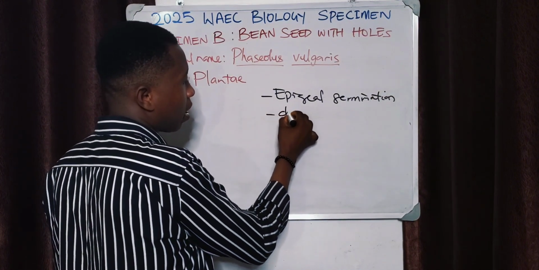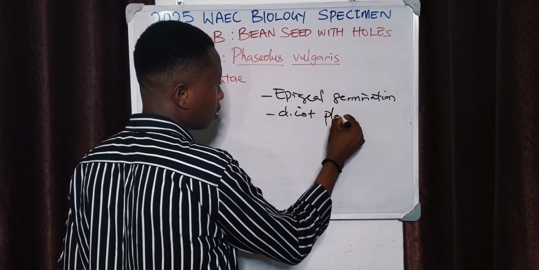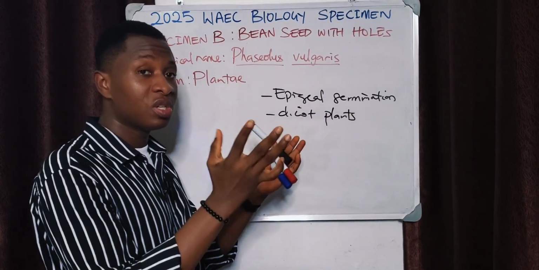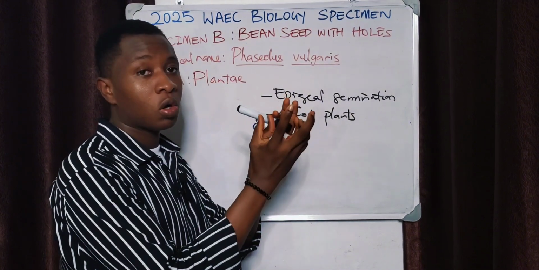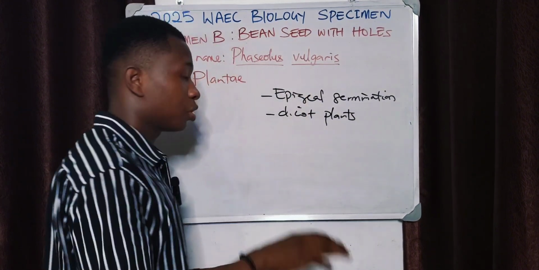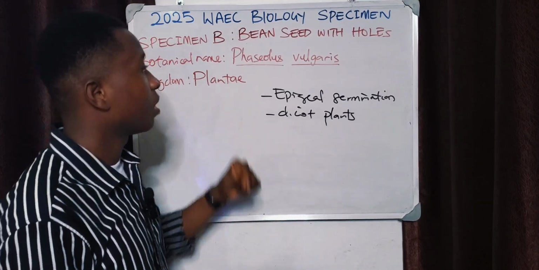They are dicot plants, so plants with two seed leaves, carrying the cotyledons above the soil or above the ground. So that's that for specimen B.